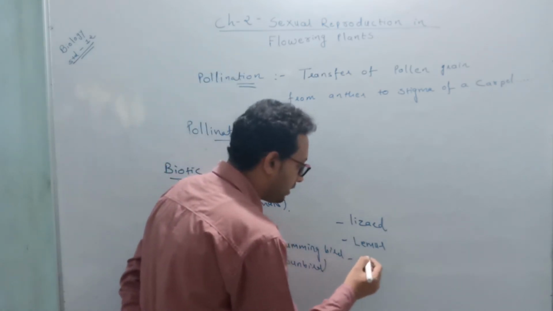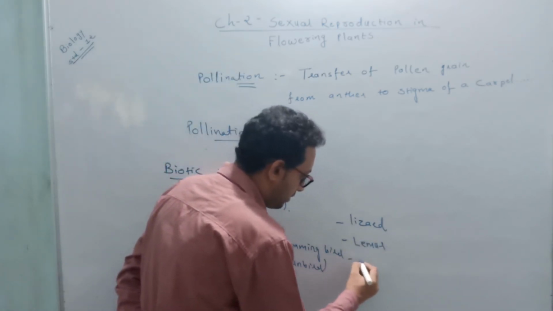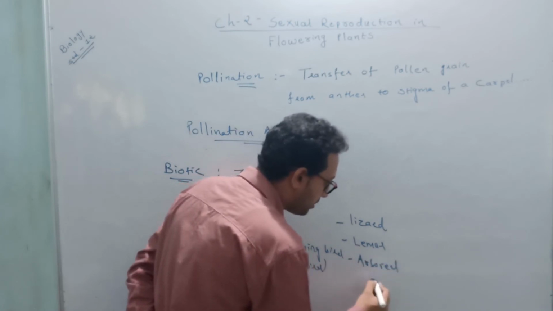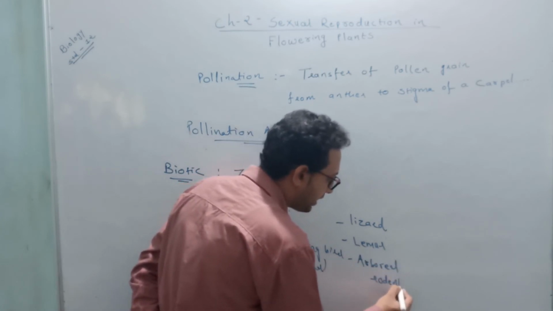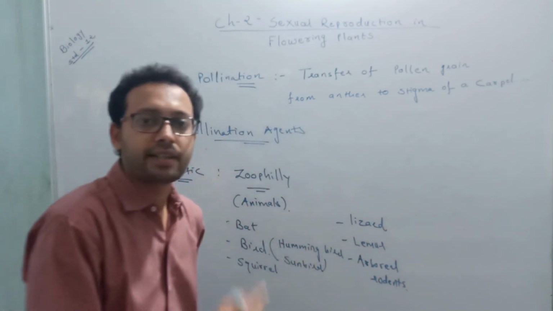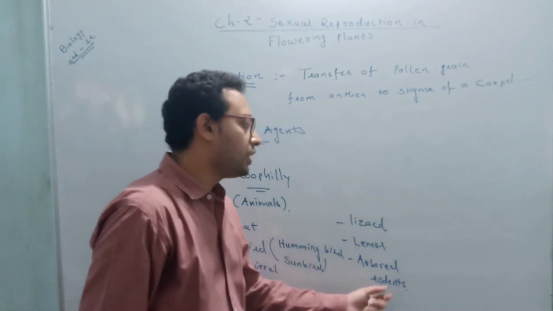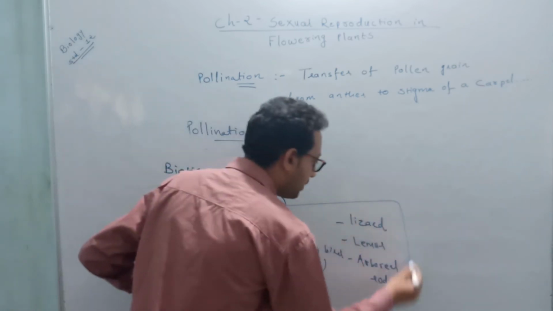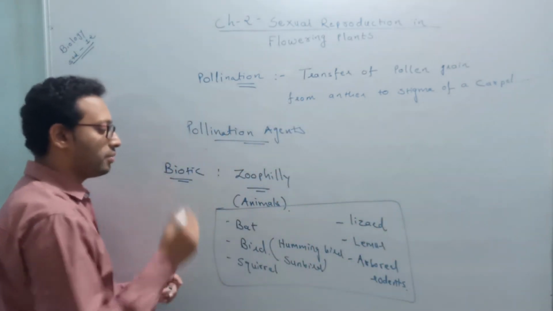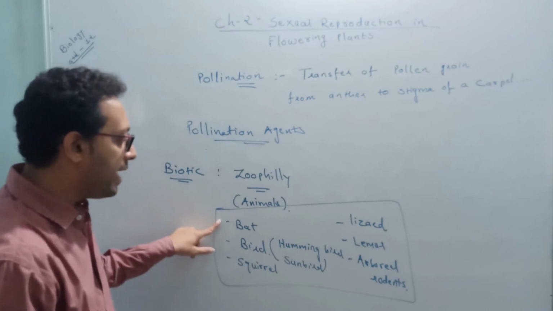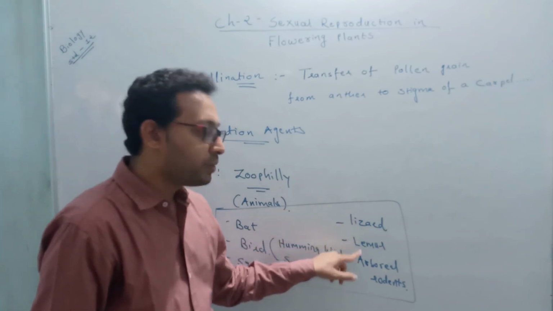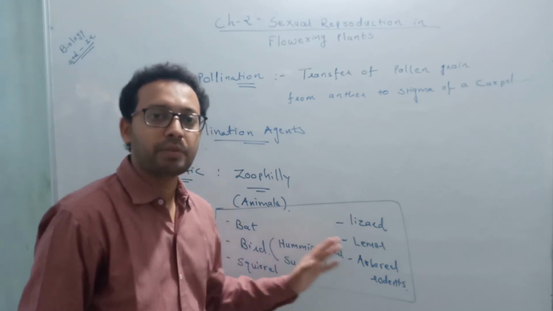Next, you can say arboreal rodents, or tree-dwelling rodents. They also help in the pollination process. So these are the examples of animals which help in pollination: bat, bird, squirrel, lizard, lemur, arboreal rodents.